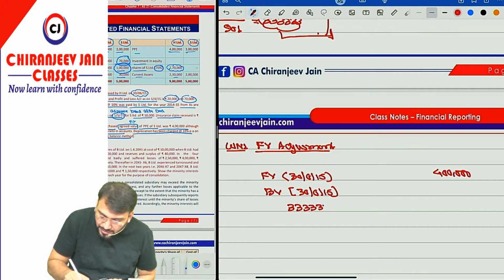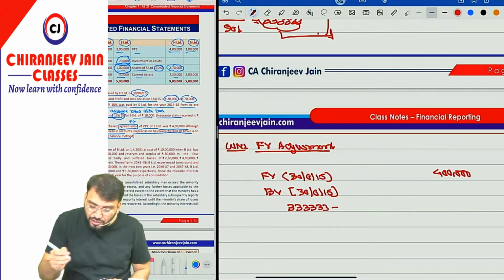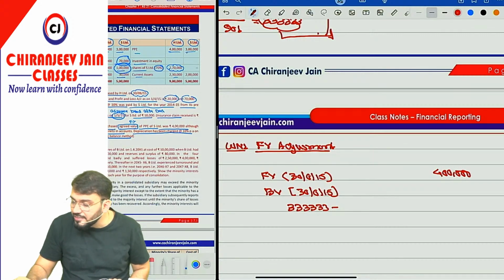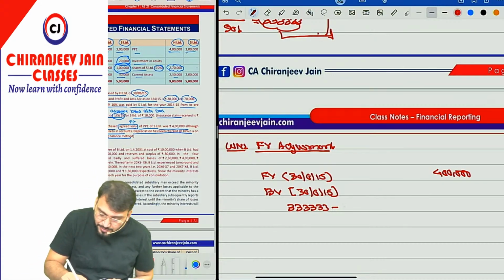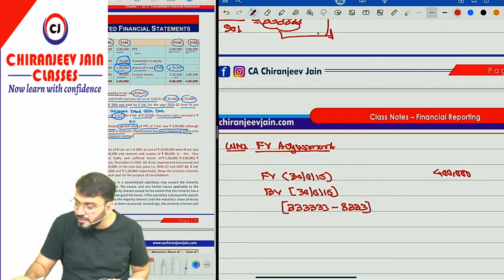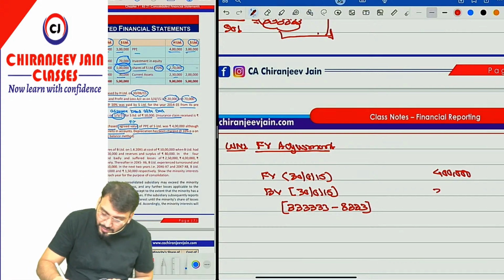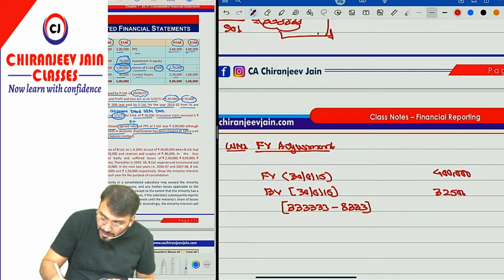This we have calculated, minus depreciation of 3 months. So 3,33,333 into 10% into 3 divided by 12. How much is it coming? 8,333. So what is the book value coming? It is 3,33,333 minus 8,333, which is equal to what? 3,25,000. So this becomes the book value.